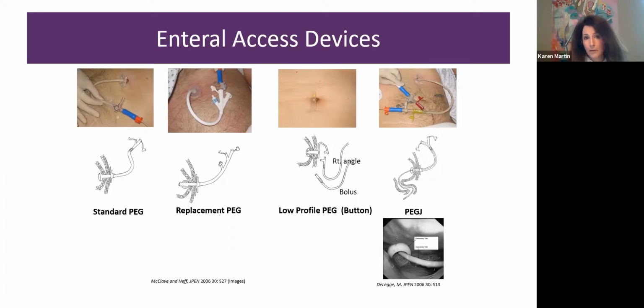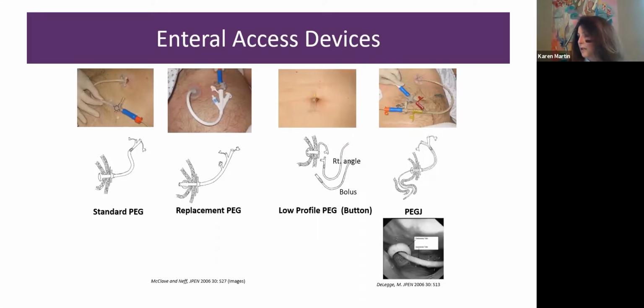The low profile tube you use with an extension set. So if the PAL is delivering their own feedings and has some dexterity challenges, there's a little more to do with the low profile in securing the extension set. But when it's not on, you'll see that it looks exactly like the third picture there.